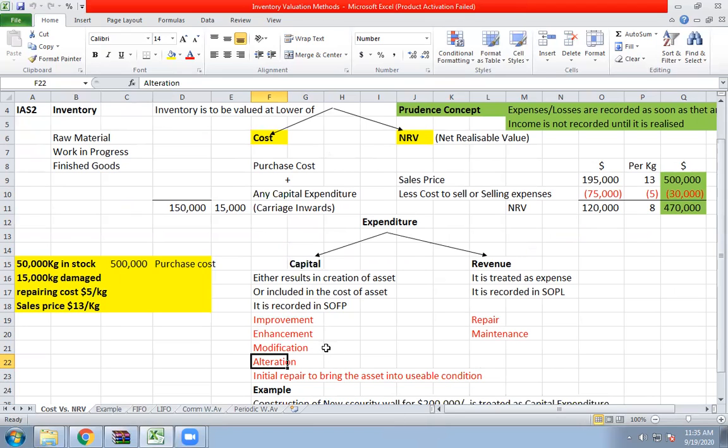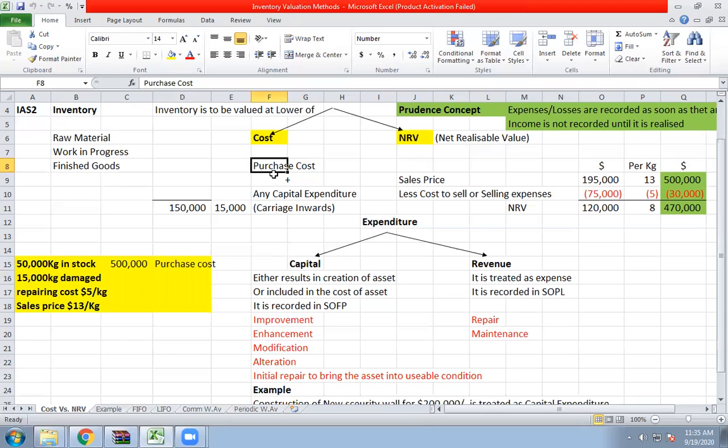And capital expenditure is included in the cost of the asset. The other expenditure we have is revenue expenditure. Revenue expenditure is simply an expense, and it is recorded in the statement of profit and loss. Examples are routine repair and maintenance. So whatever the capital expenditure is, that will be included in the purchase cost.